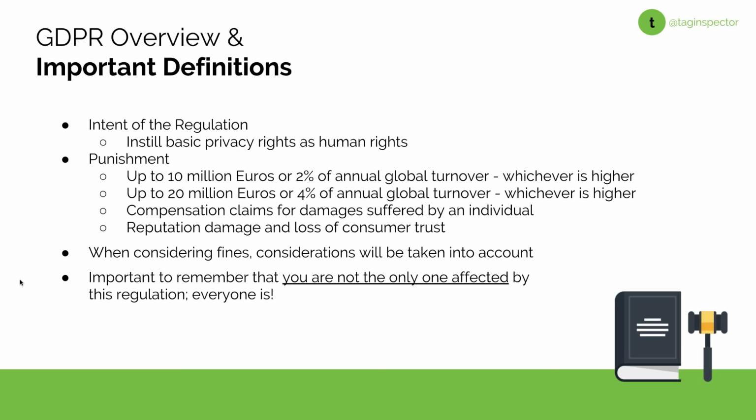Another thing that's important to remember is that you are not the only one that's affected by this regulation. Everyone is. I like to say that GDPR is a bear. There's a lot there. There's a lot of ambiguity. There's a lot of things to cover. And as the story goes, if you're being chased by a bear, you don't necessarily have to be the fastest person. You just need to be faster than the person next to you.